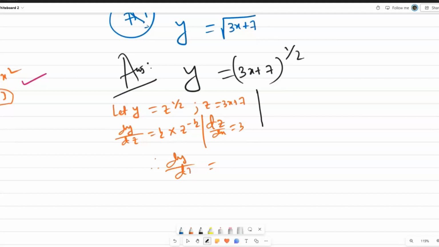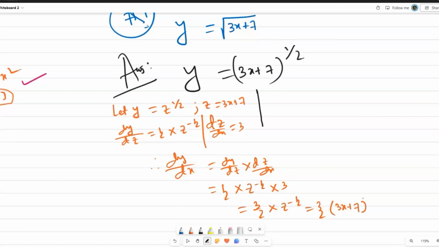And this is going to be dy by dz into dz by dx. So this will be half times 3. The answer is 3 by 2 z to the power minus half. That is 3 by 2 into 3x plus 7 to the power minus half.